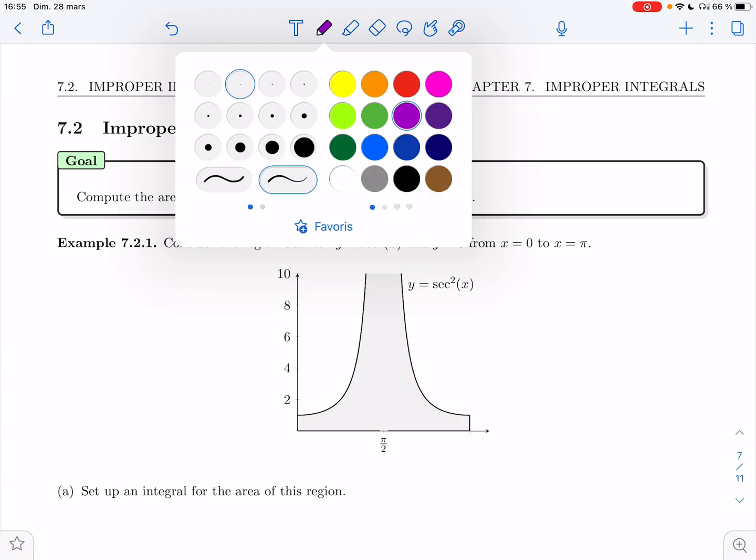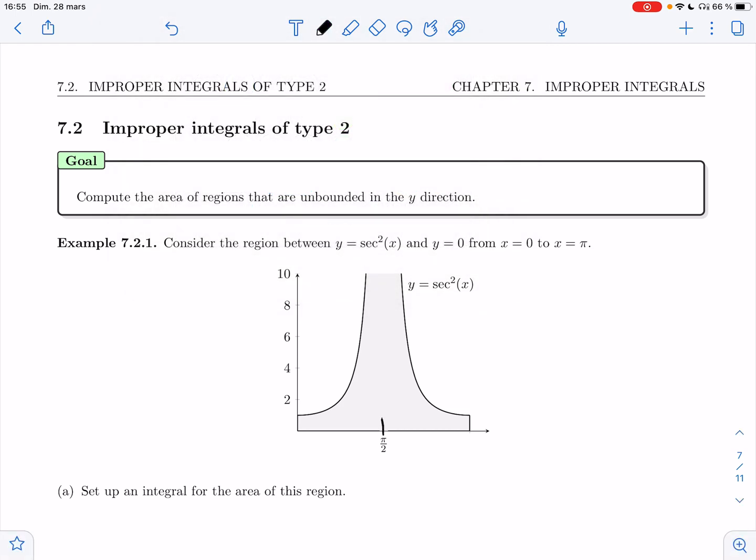That's because I have a vertical asymptote at x equals pi on 2. All right, so type 1 meant that we were going with x to infinity or with x to minus infinity. Here, the y values are going to infinity, so we have a vertical asymptote.